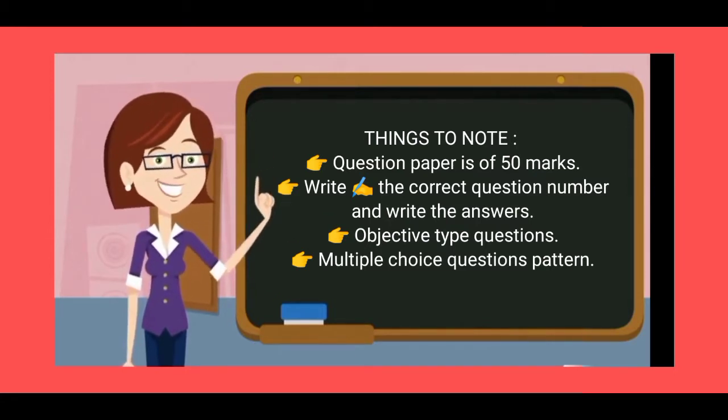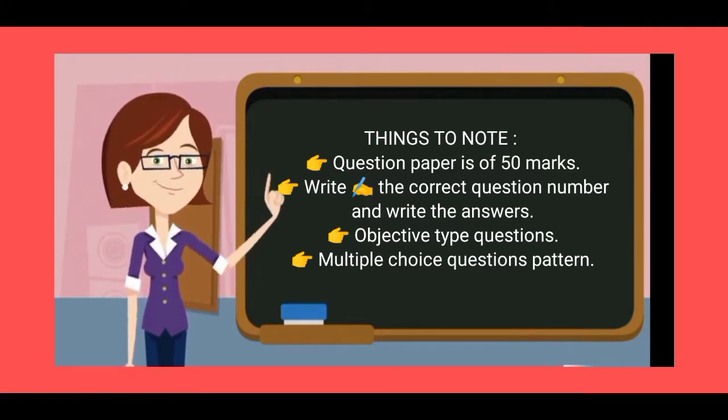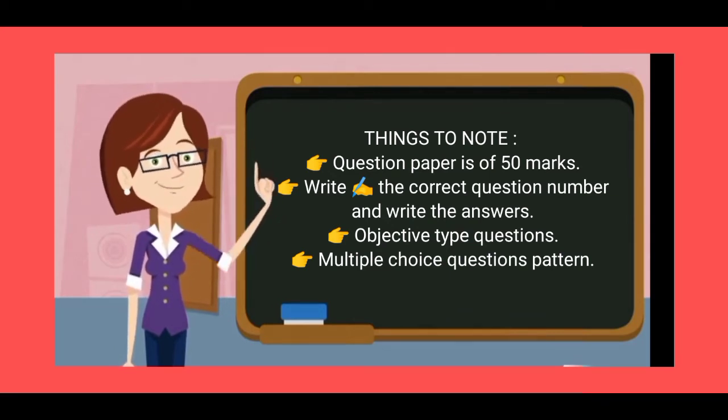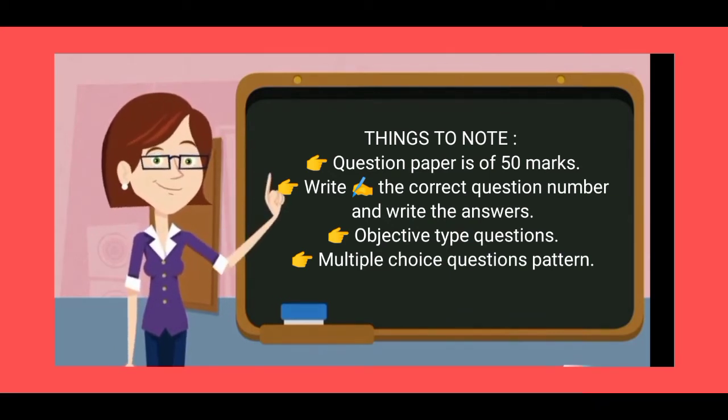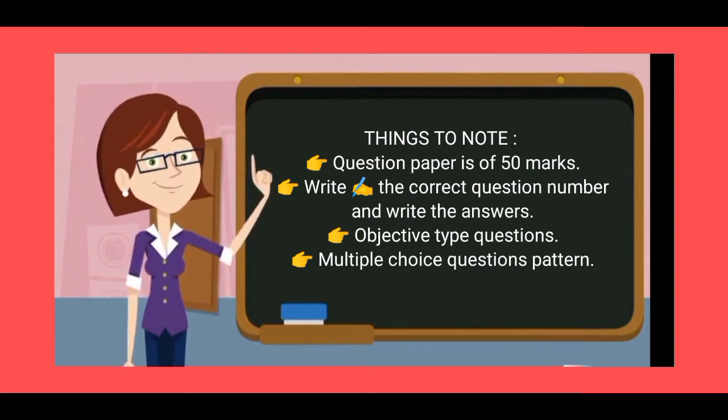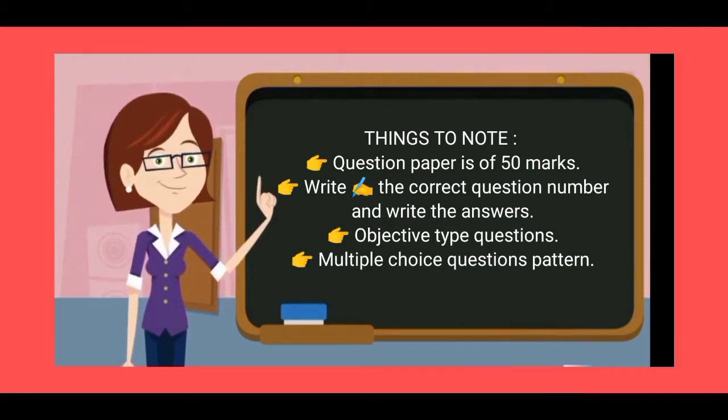Objective type questions are there, where you have to just find out the correct answer and write down the correct question number. It's a multiple choice question paper. There can be 3 options, 4 options. You have to select and choose the correct answer.